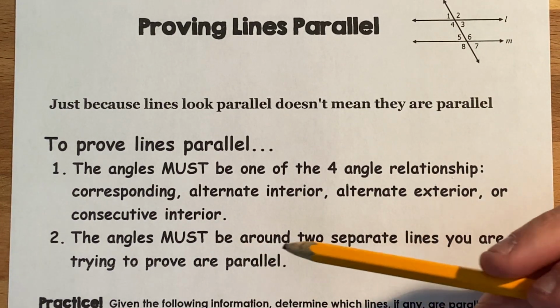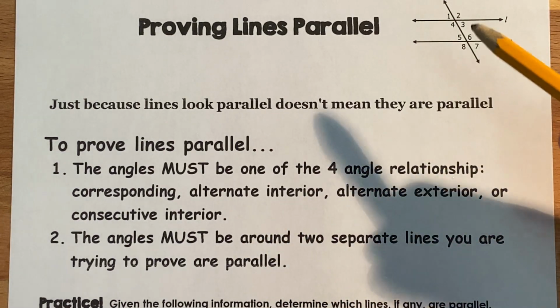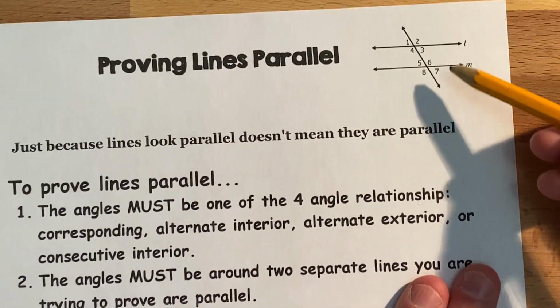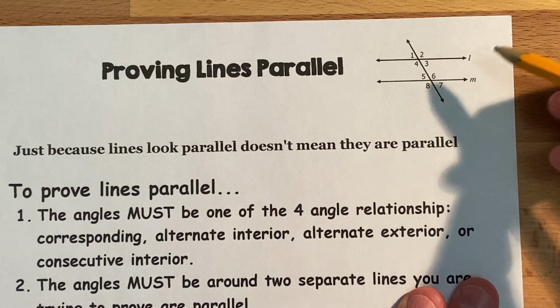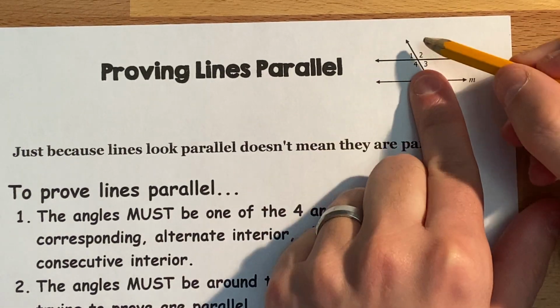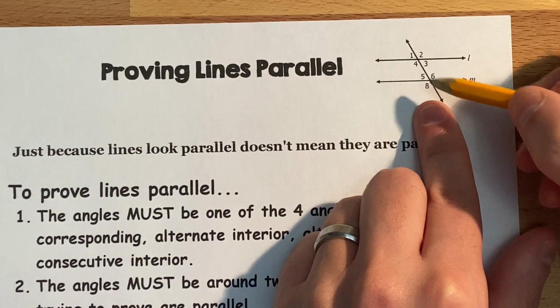The angles must be around the two separate lines that you are trying to prove parallel. What that means is, like in this example, it's an L and an M, I have to have one of the angles up here being compared to one of the angles down here.